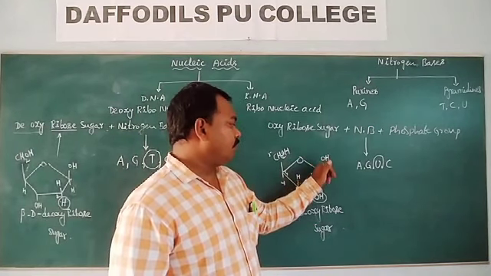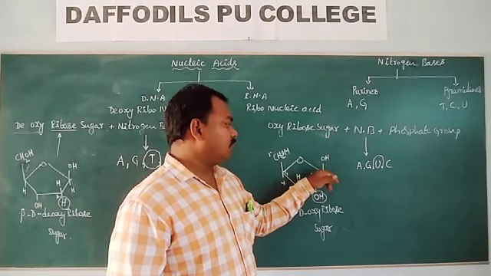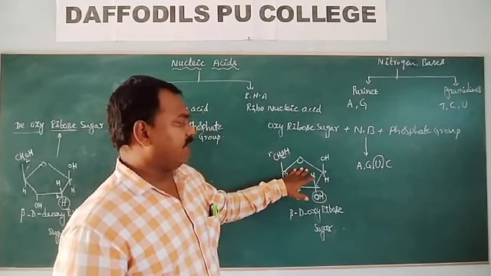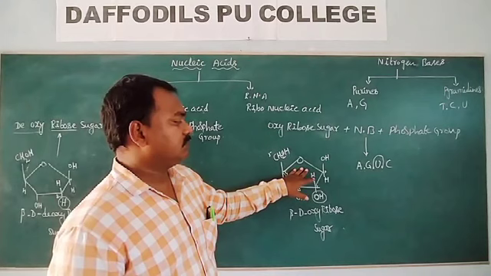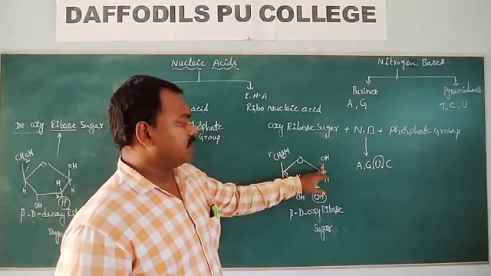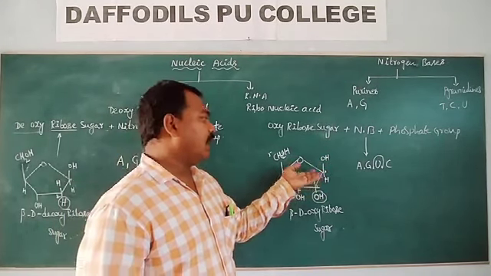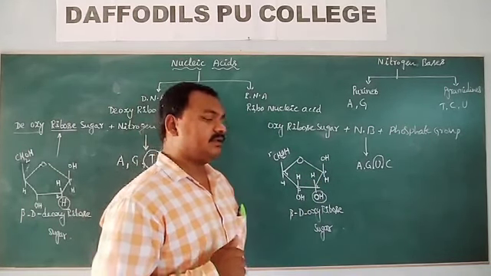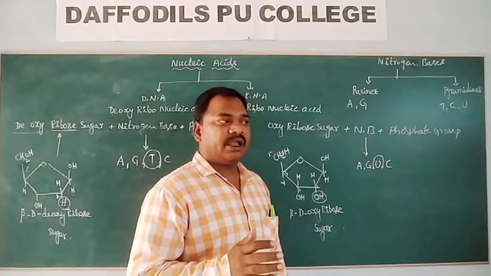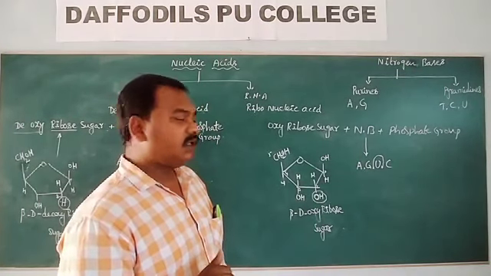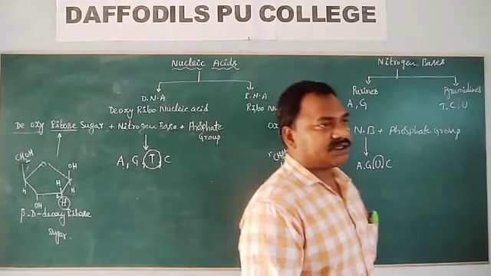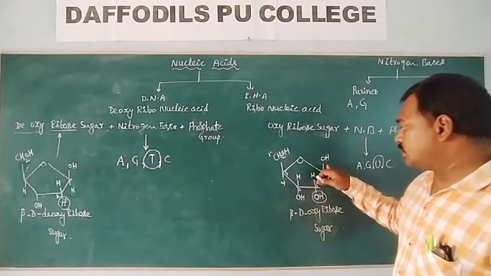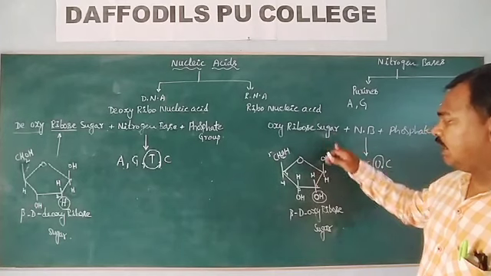The groups which are present above the Haworth form are represented at the left side in Fischer projection. So this one is present at the left side.